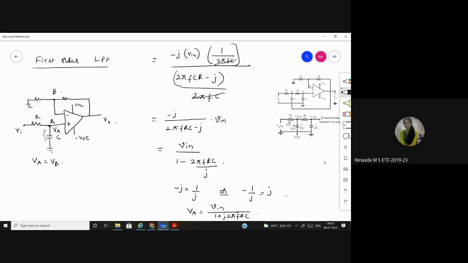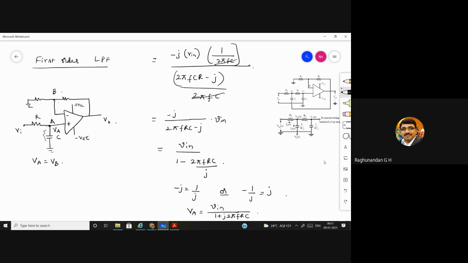So we need to apply that formula. Yes, it's a non-inverting op amp. Whenever the input is given to the non-inverting terminal, it is a non-inverting op amp. Please remember this. Don't have confusion at that level still.